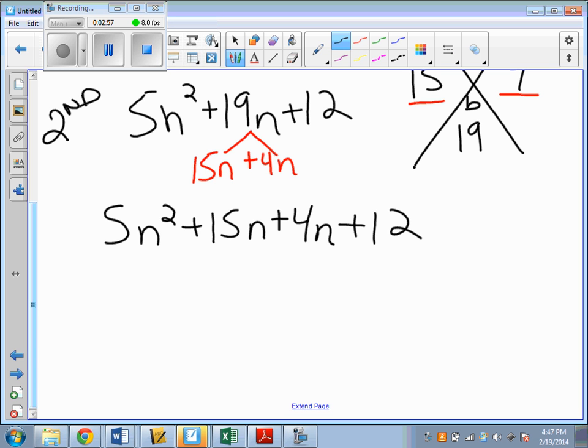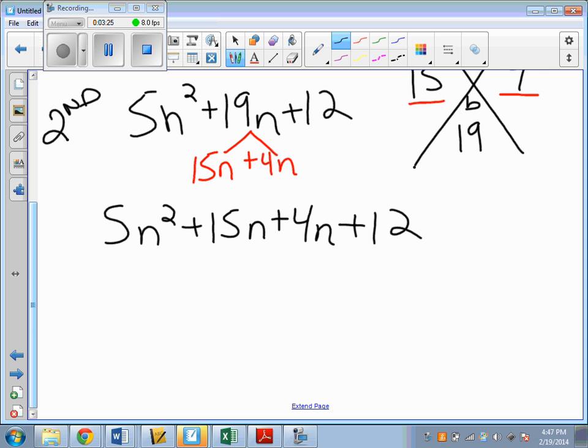So all I did was rewrite the equation, but instead of writing 19n, I wrote that as 15n plus 4n. These two expressions are the same thing, but now I've got 4 terms. And the reason I want 4 terms instead of 3 is that I know how to factor these 4 terms if I use factoring by grouping.